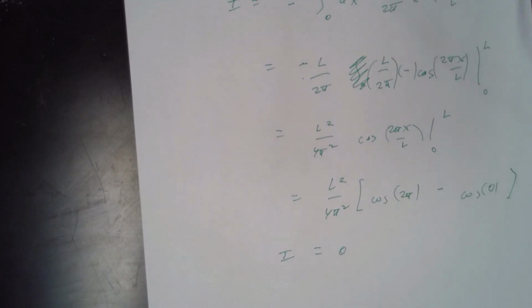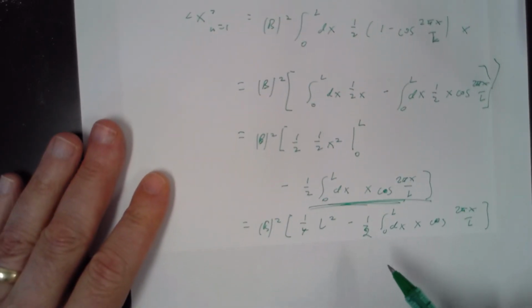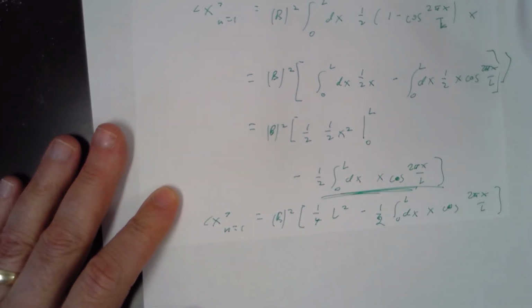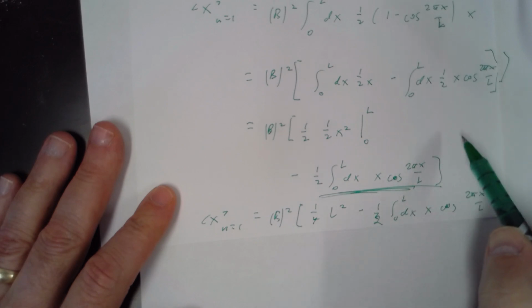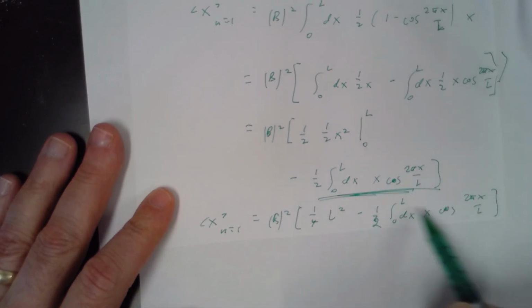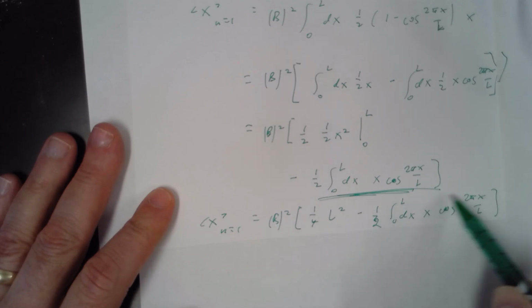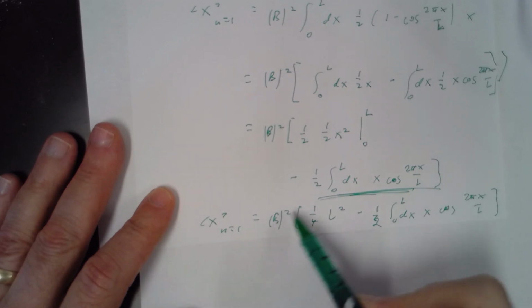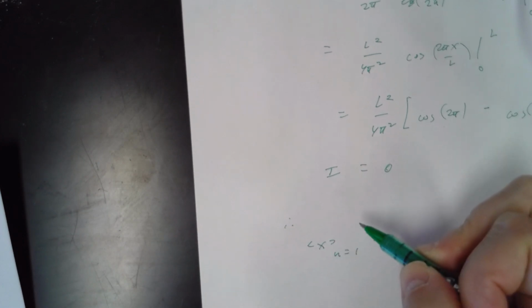So the integration by parts that we just did, I'll remind you where that came from. We were trying to find the average value of x for our n equals 1 state. And we did a trig identity to break that into two integrals. We just showed that this second integral is 0. So our answer for the average value of x is really just what we got from the first integral. And so the average value of x for the n equals 1 state is b squared times 1/4 L squared.